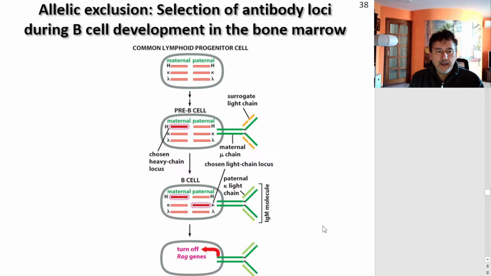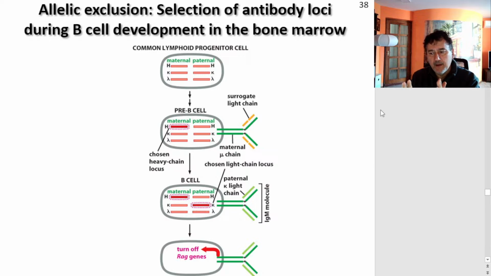So what happens here is that there's also an additional way of increasing the variation. One of them is that there is a choice whether to use the maternal or the paternal copy of both the light chain or the heavy chain genes. There is a constraint.